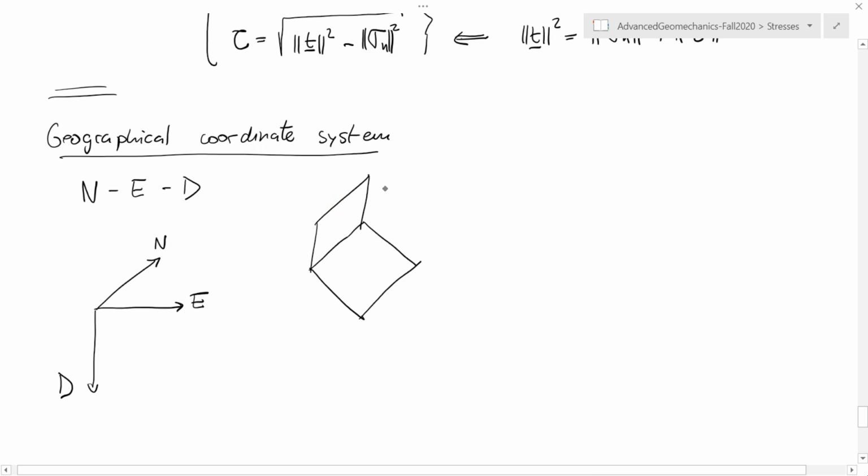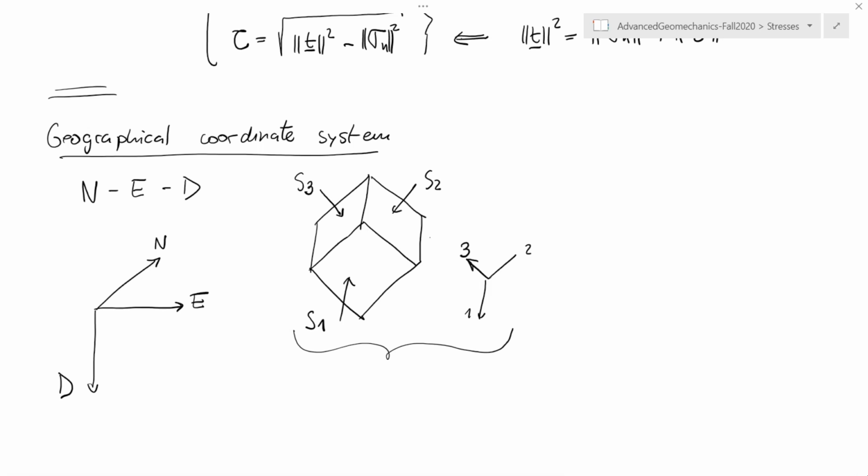So let's assume that we have some coordinate system or some principal stress or some state of stress for which these are the principal stresses and these are the principal directions, 1, 2, and 3, then I could write this vector into the geographical coordinate system if I follow a couple of rules. Okay, so let's see how that works.